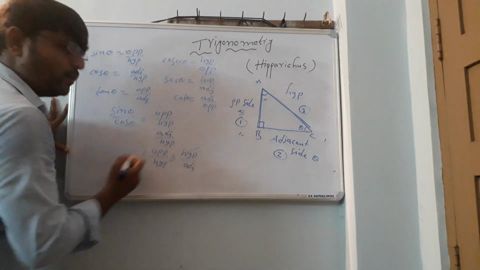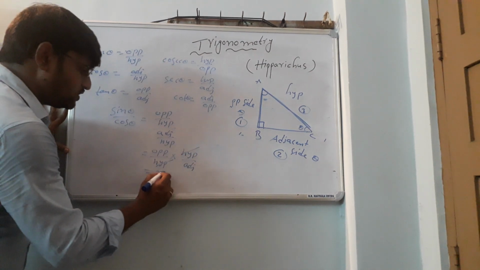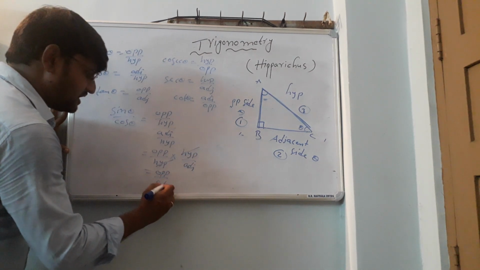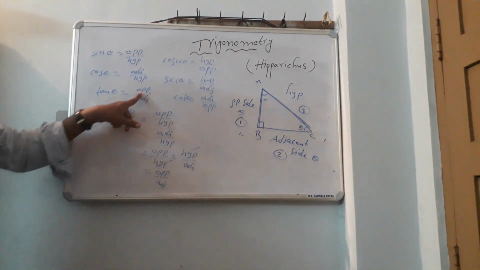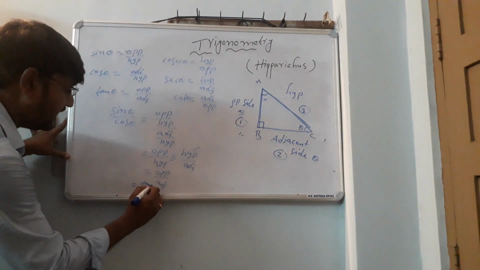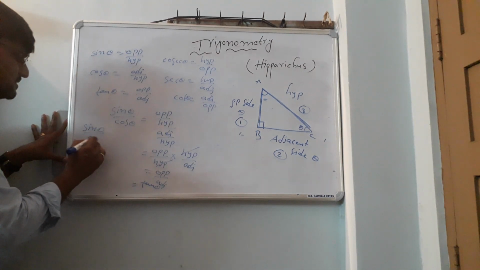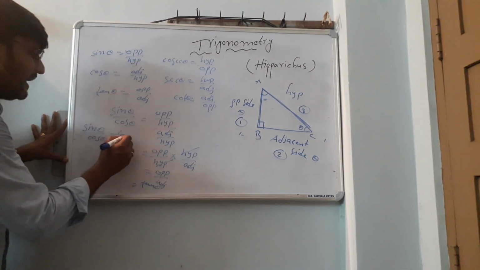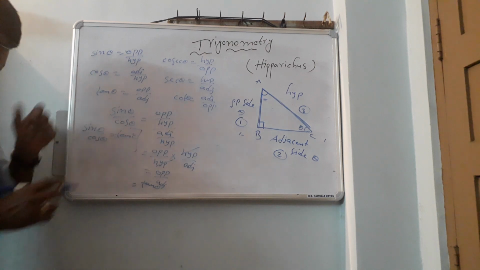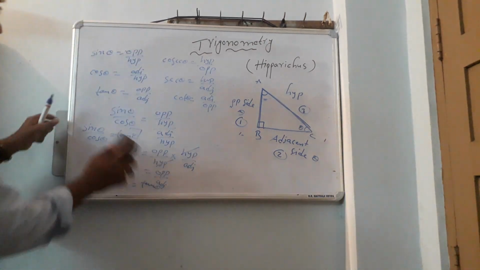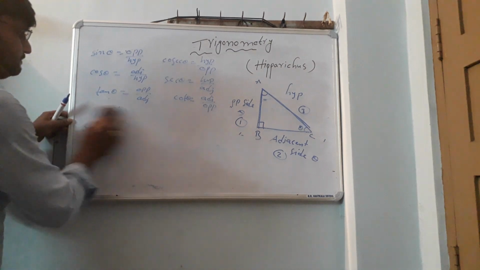So hypotenuse cancels one time. What did I get? Opposite by adjacent. Already we know that opposite by adjacent is tan theta. Is that correct or not? So sin theta by cos theta is equal to tan theta. This is a very important condition. Go to the next one.